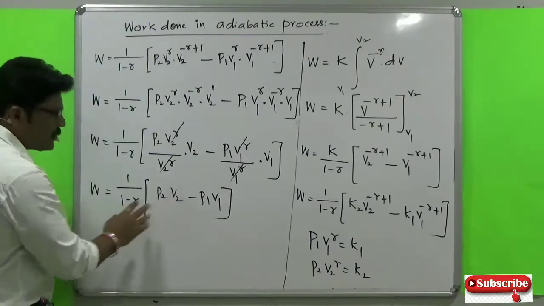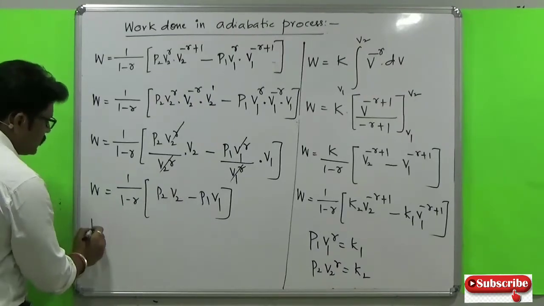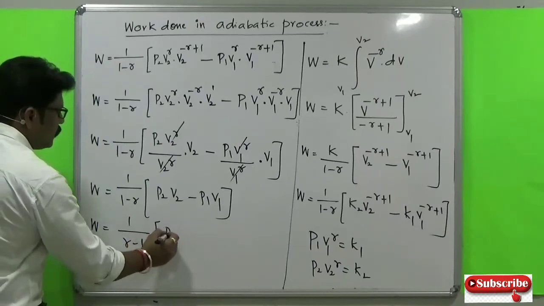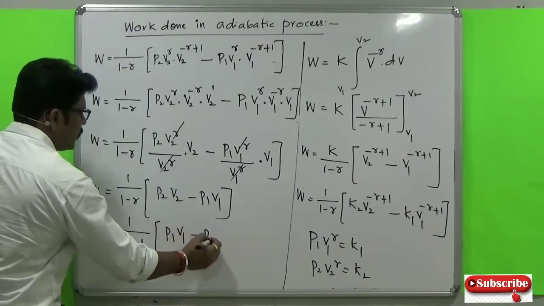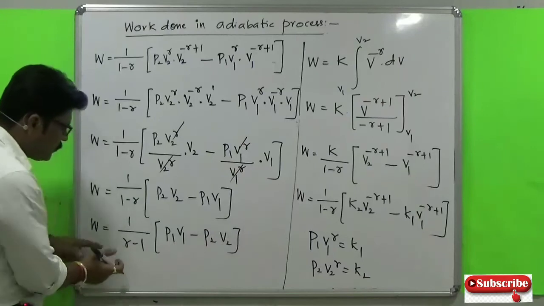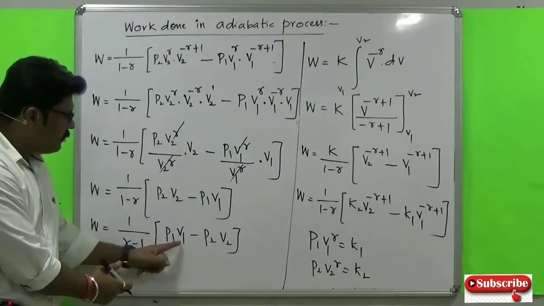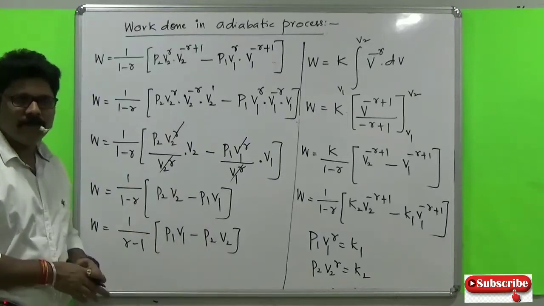अब just reverse it, W is equals to 1 by gamma minus 1 into P1 V1 minus P2 V2, ऐसे भी लिख सकते हैं, देखो 1 minus gamma को gamma minus 1, P1 V1 minus P2 V2.